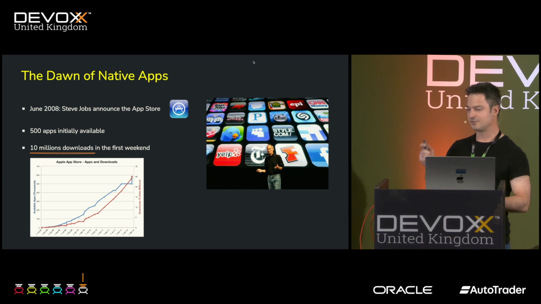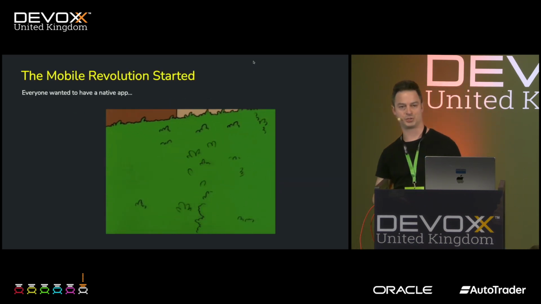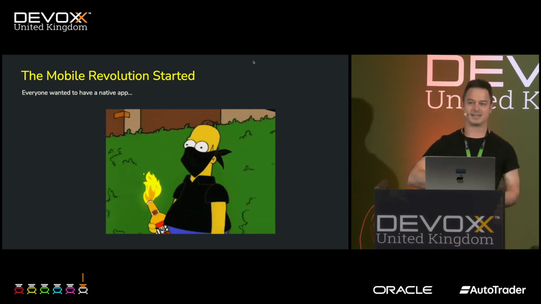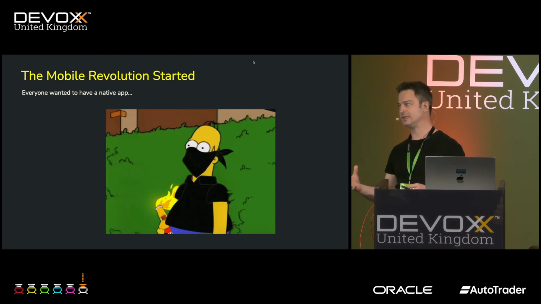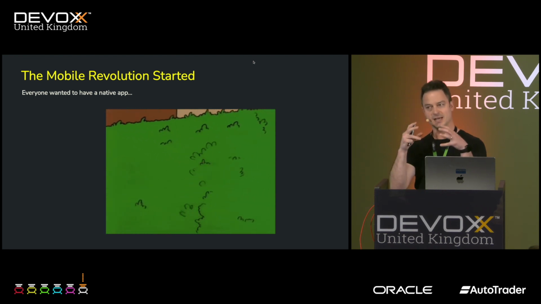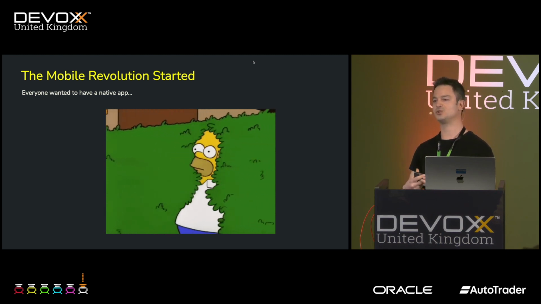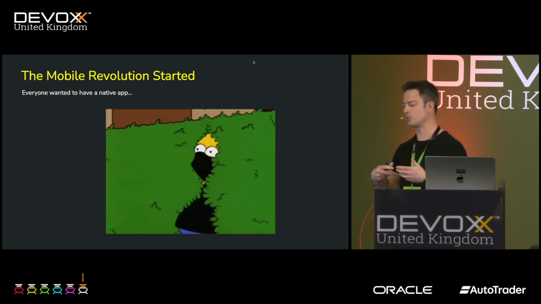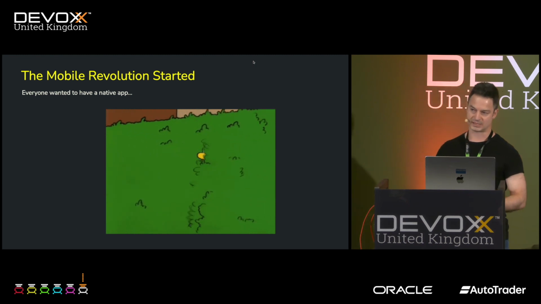And we can say that from that moment on started the so-called mobile revolution, because every company wanted to have a native app, because mobile devices, so phones, started to be the centralized device that we can use for entertainment or also for productivity.